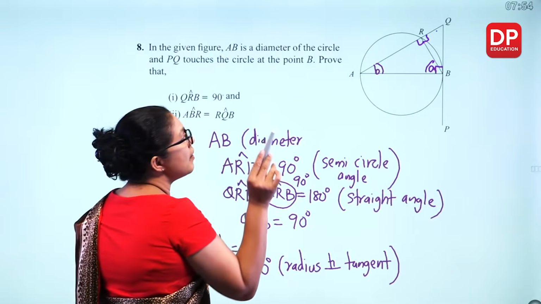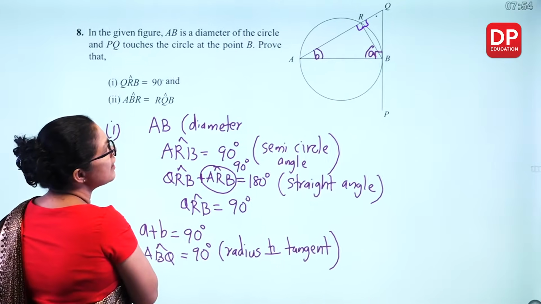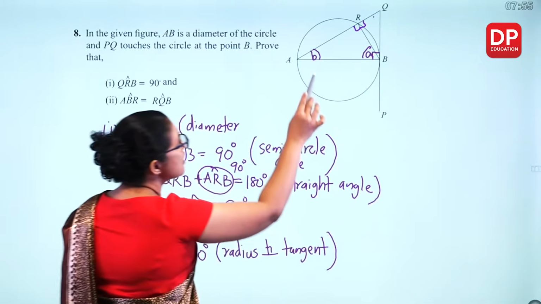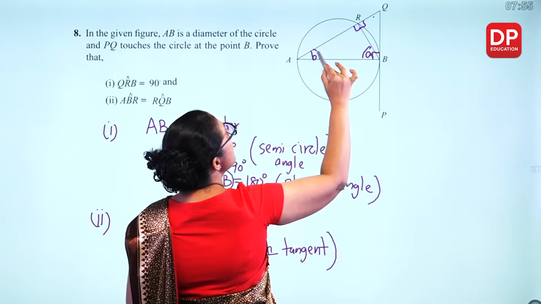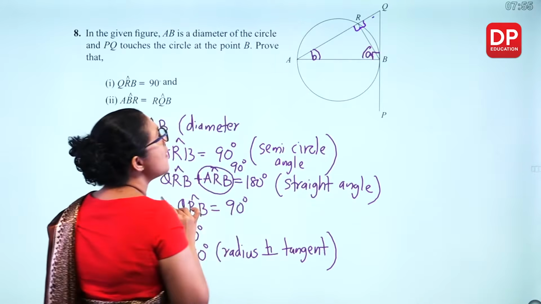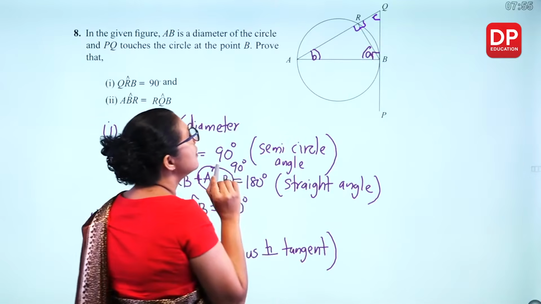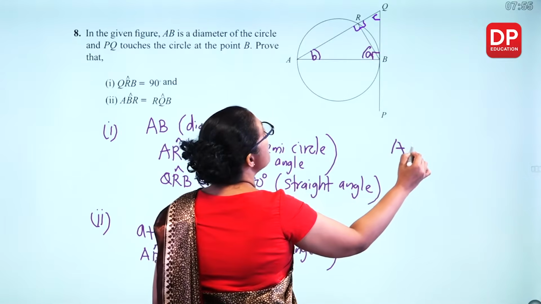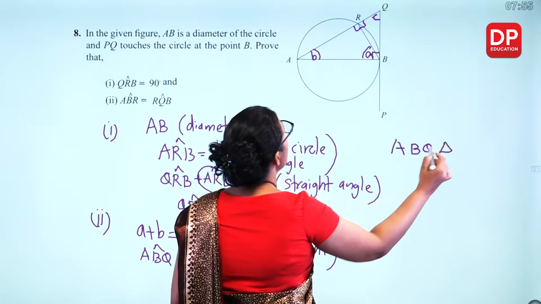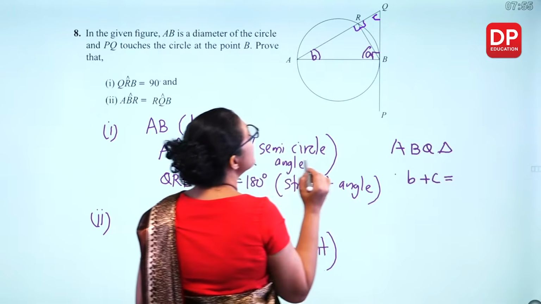Now take the big triangle. What can you say about this triangle? This is 90, this is B. So we'll take C from triangle ABQ. I can write B plus C equals 90.